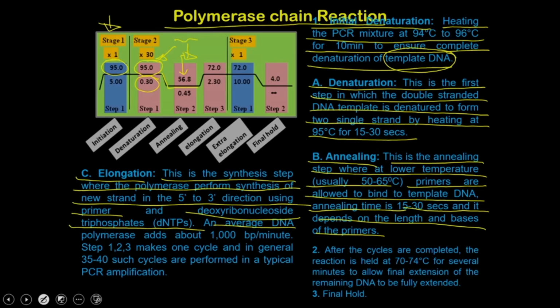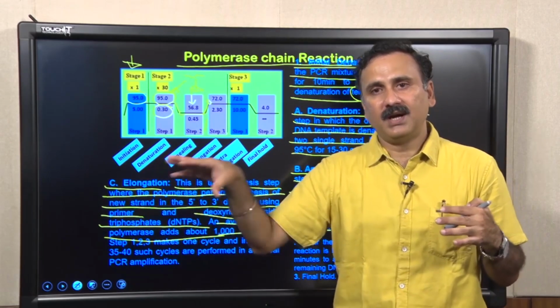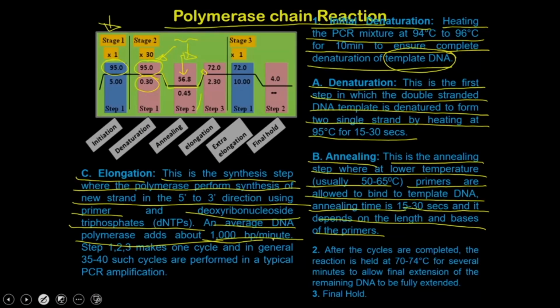An average DNA polymerase adds about 1000 base pairs per minute, which means after the annealing is over and the primer has formed the complex, you again increase the temperature, and then the enzyme will come and sit on these complexes and do the DNA synthesis. On average, 1000 base pairs are synthesized within a minute if you supply an adequate amount of deoxynucleotides in the mixture.